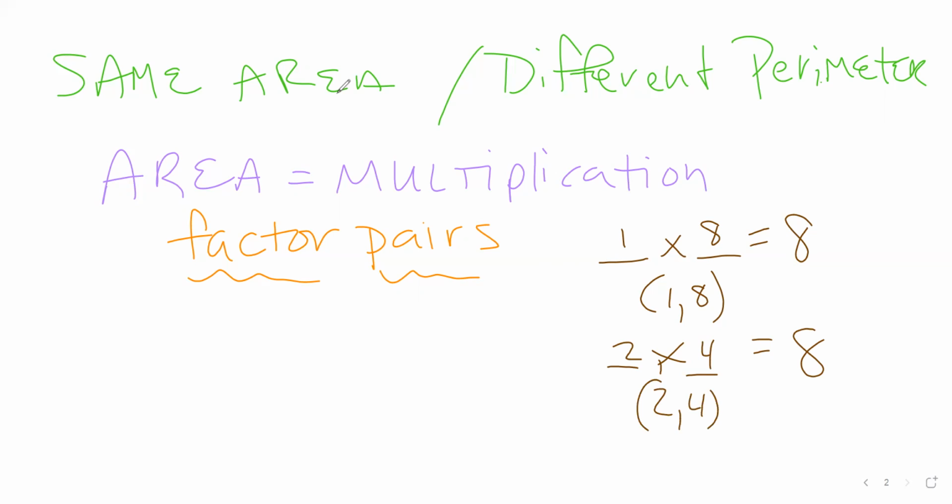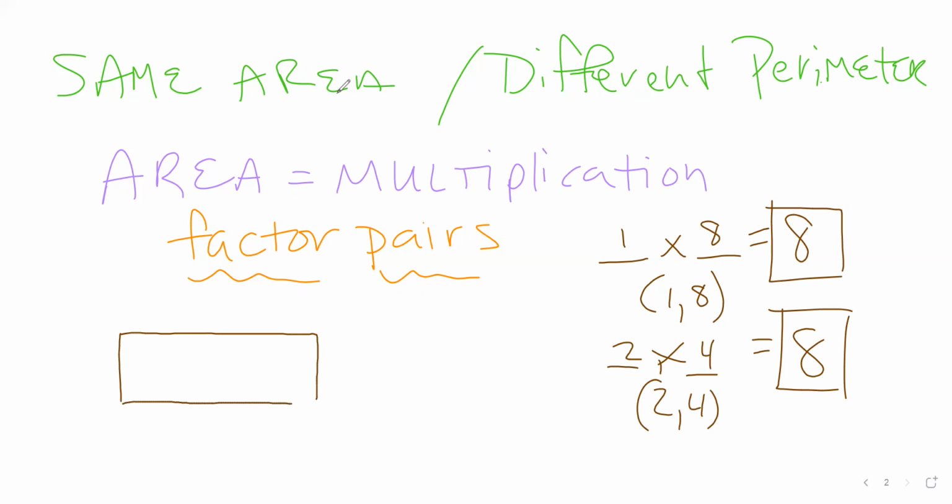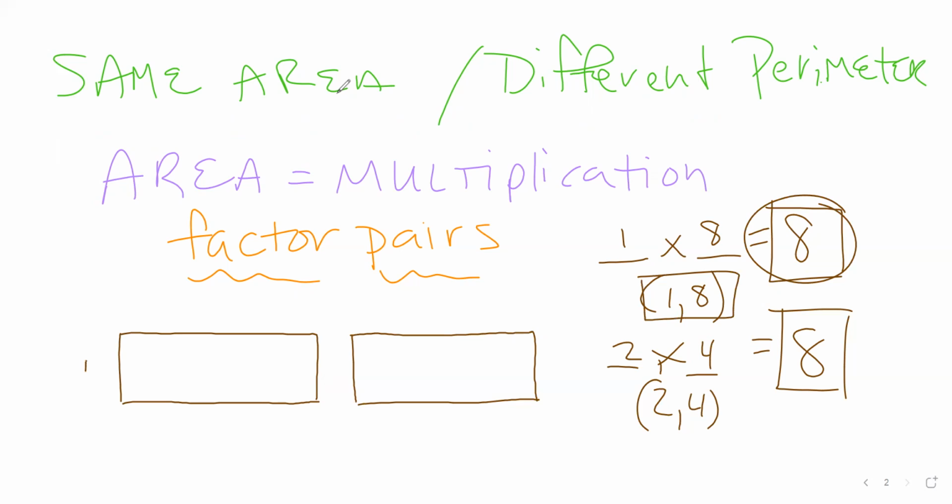So right away, we could start with 8 and talk about this exact skill. I could create two different rectangles that have an area of 8, and they'd have the same space. For 1 and 8, it's 1 square on this side and 8 here.